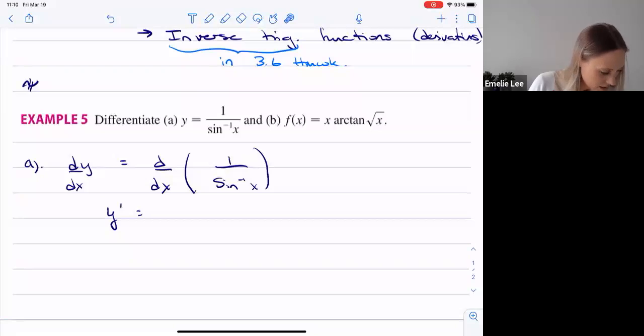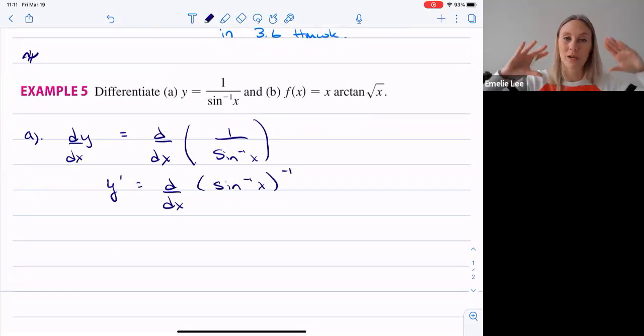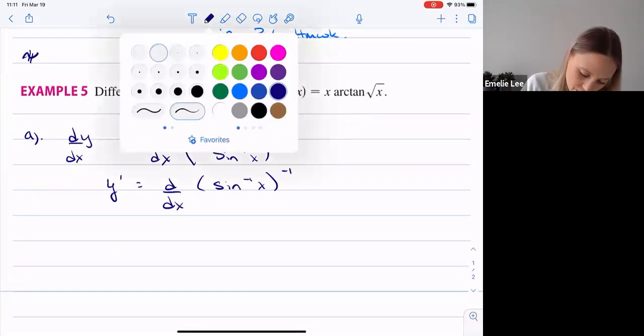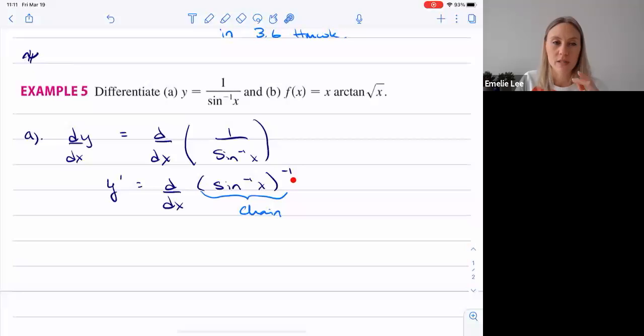And then we had 1 over sine inverse of x. I know the derivative of sine inverse, but I have sine inverse to the -1 essentially. So d dx of sine inverse of x to the -1. Now I have a chain rule here because I have an outside function where it's to the power of -1, and then I have the inside function, which is arcsine of x.